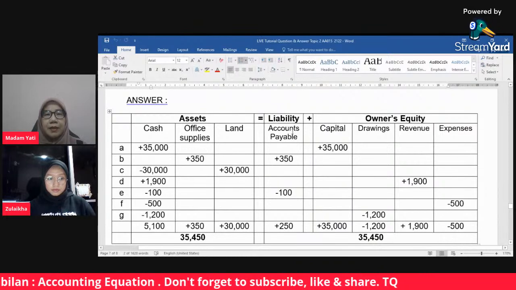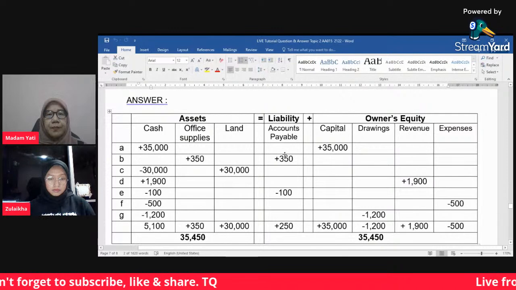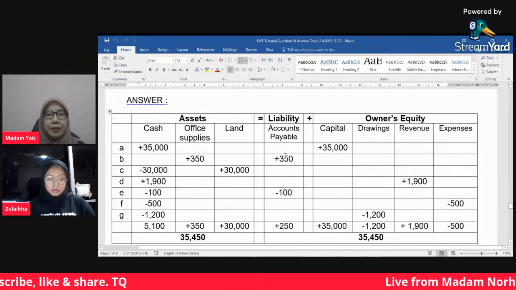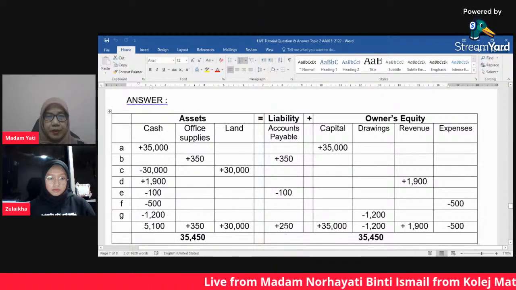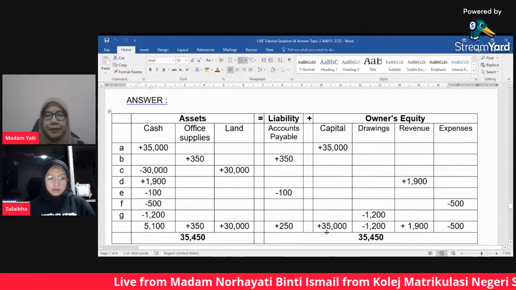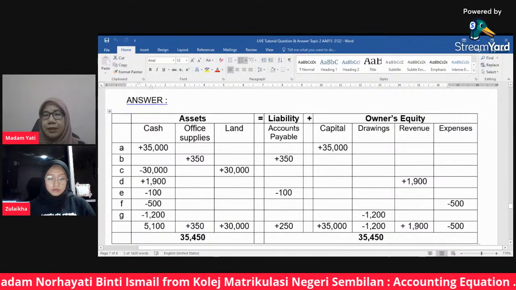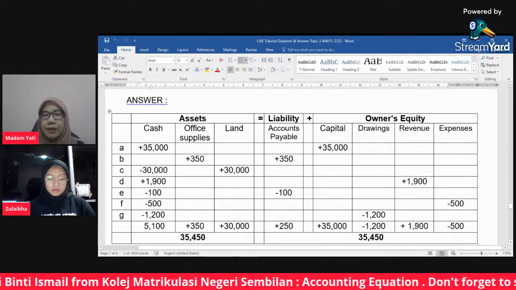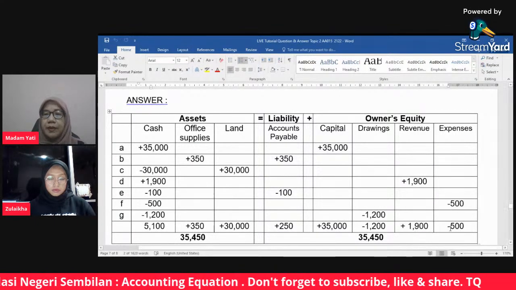Now we look at the right side, liabilities. 350 minus 100, then you got 250. For capital, 35,000, drawing, less 1,200, revenue, 1,900, and expenses, less 500.